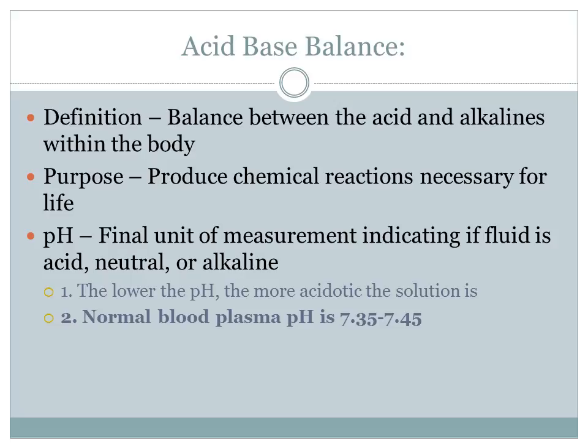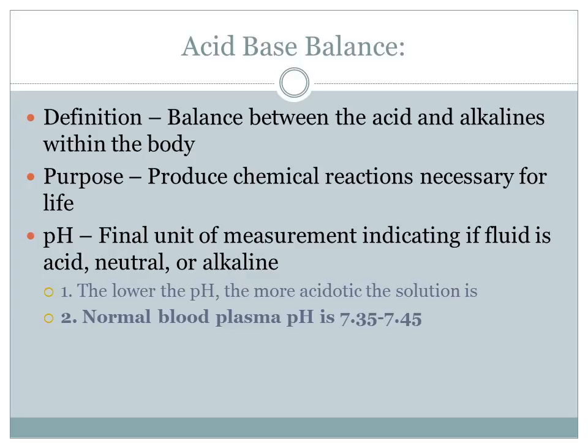The acidity or alkalinity of body fluids depends on the hydrogen ion concentration, and that is expressed as the pH. Again, extracellular fluid pH normal values are 7.35 to 7.45, and that's the optimum level for cells to function at.